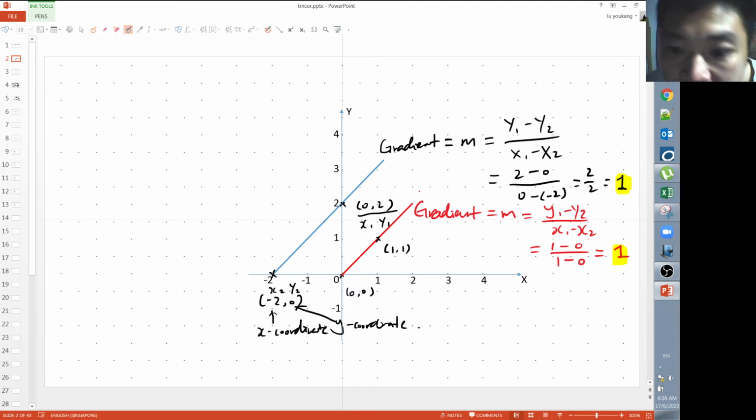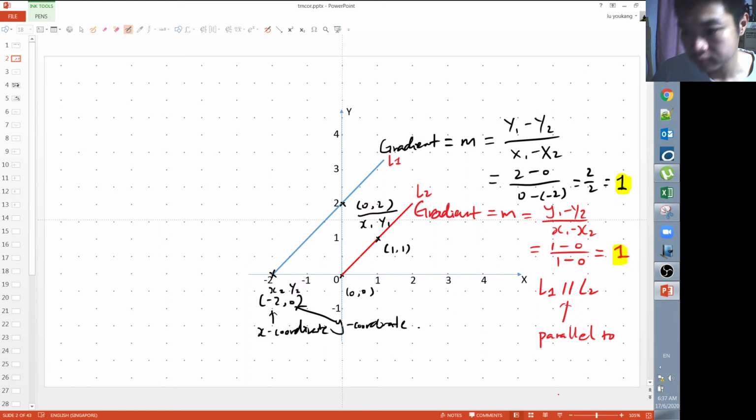Let me label first. So this is my line 2. This is my line 1. So the relationship between line 1 and line 2 is that line 1 is parallel to line 2. This is the symbol for parallel.